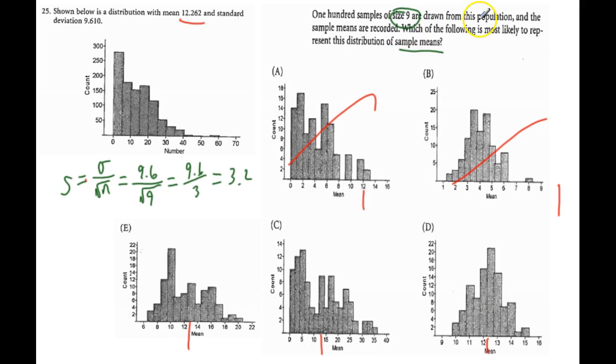But 3 standard deviations each direction would be 9 units. So if this is 12 or 13, add 9, that'd be about 22 to the right. That's 3 standard deviations. Subtract 9 from 12, that would be about 3. All the data should be about within there. Well, that doesn't look right. If I go 9 to the right, that's way out there, isn't it? 9 to the left is way out there.